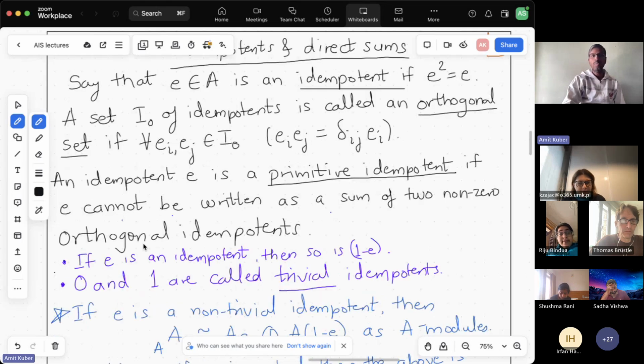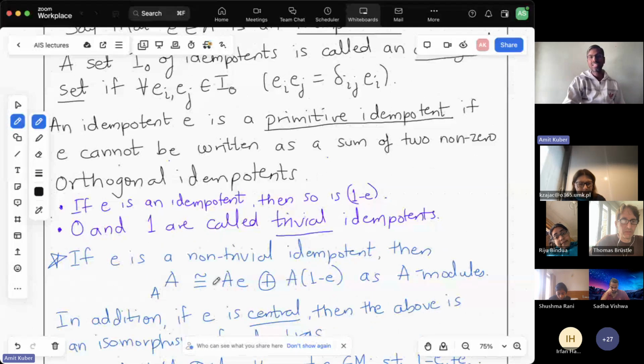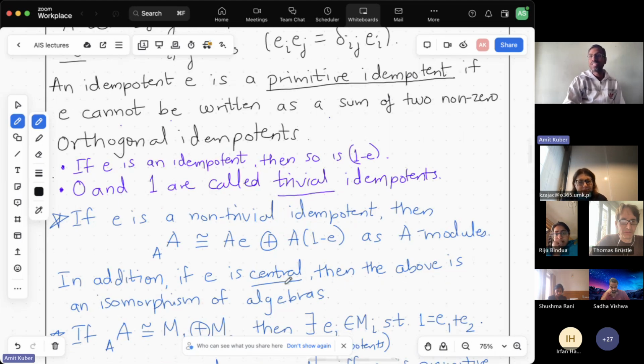Okay. So what happens if E is a non-trivial idempotent? Then we have a direct sum decomposition of the left regular module: A is the left ideal generated by E, direct sum the left ideal generated by 1 minus E. If this idempotent happens to be central, which means it commutes with every other element in the algebra, then this is also a decomposition of rings as a direct sum.